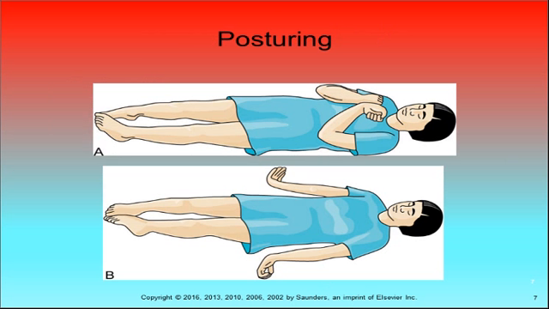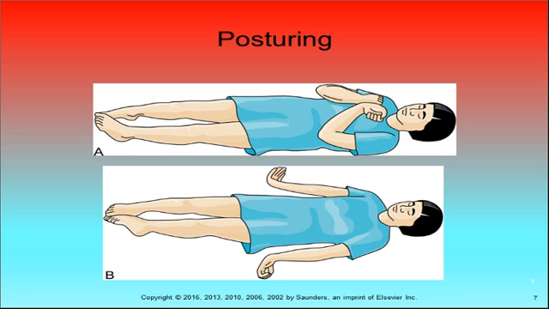So this is posturing. Posturing happens with neurological deficits. And this first one is your decortication. It is where the patient may have lesions down the spinal pathways.